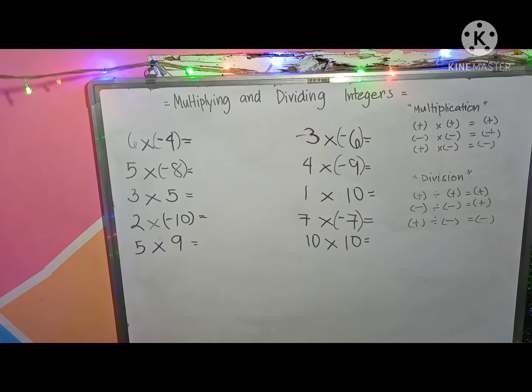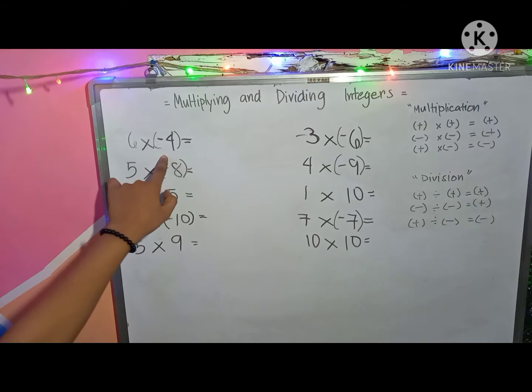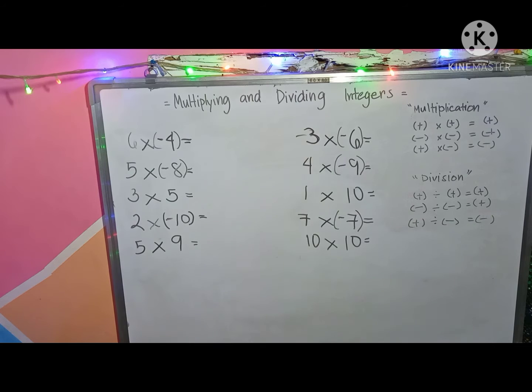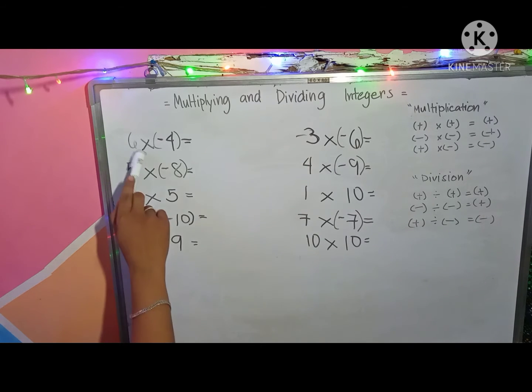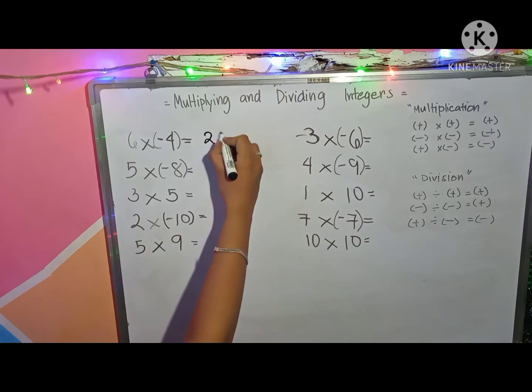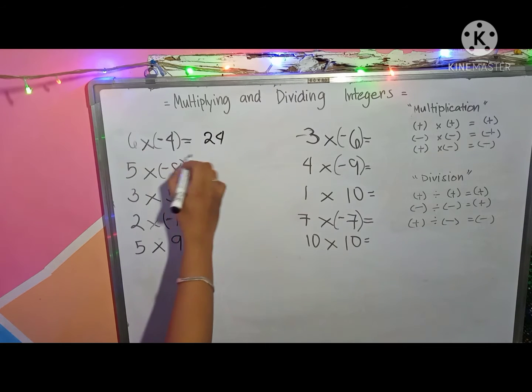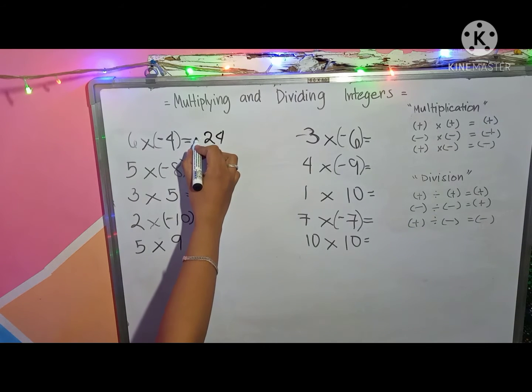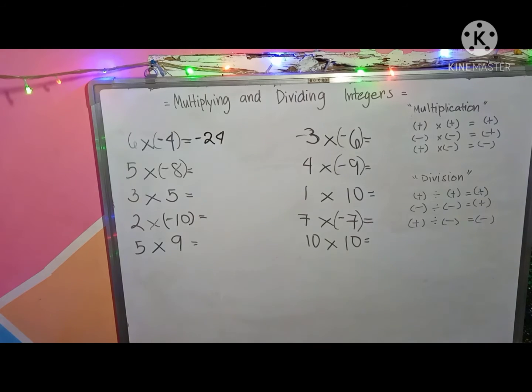Let's start. 6 times negative 4. One is positive and one is negative. Sabi natin, when unlike signs are being multiplied, the answer is always negative. So multiply them: 6 times 4 is equal to 24. One is positive, one is negative, so the sign is negative.